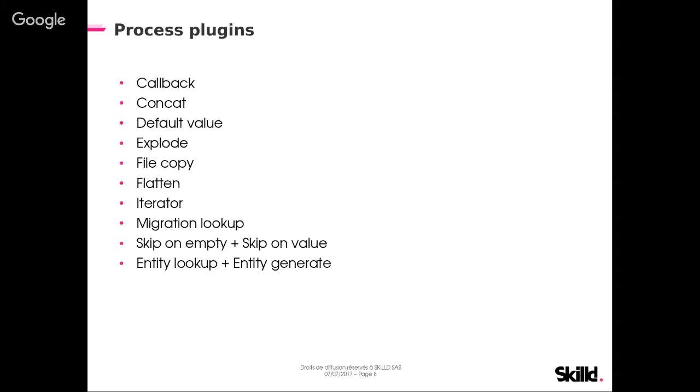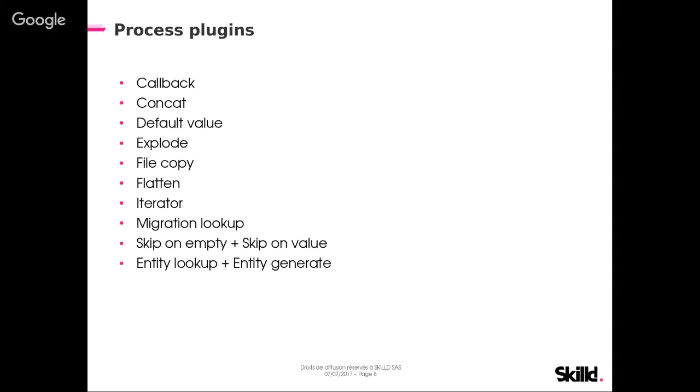It basically allows you to iterate through the array of values and do the same set of actions on every value. Migration lookup allows you to look up the results of some migration that was already run, and we will use it to update the nodes that were created by one migration in another migration. And I will show you an example of that.